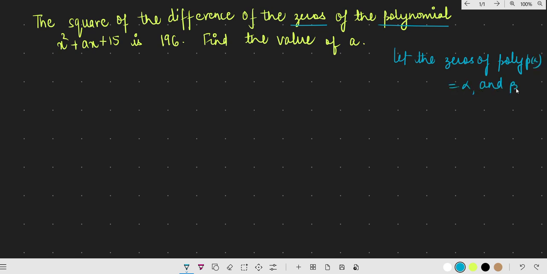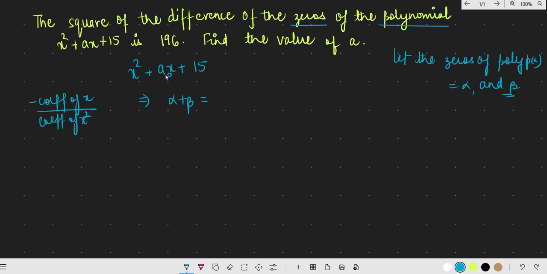and beta. And for every such question which is based on zeros and the polynomial chapter, we always find the value of sum of zeros, alpha plus beta, which is minus b upon a, minus coefficient of x upon coefficient of x square.